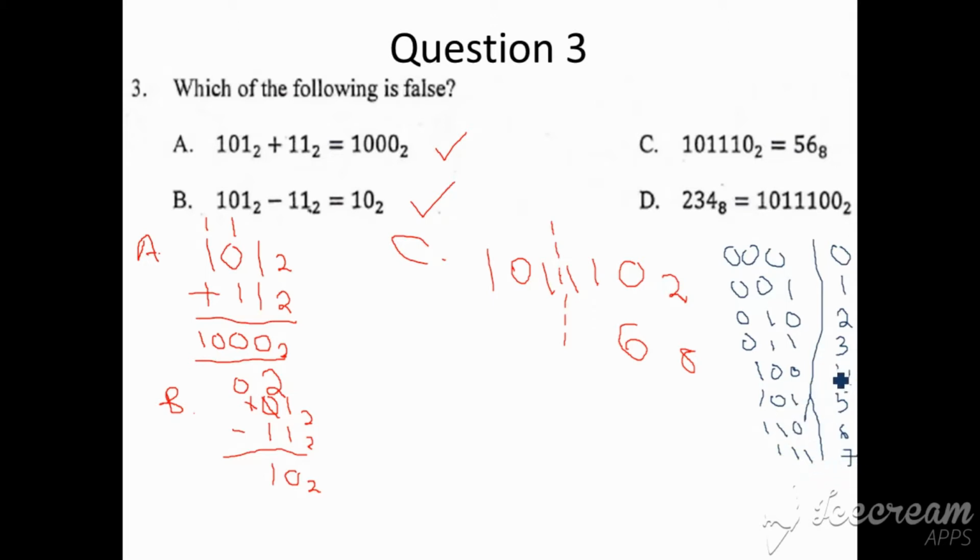This is base 2 and base 8. So 101 is 5, so it's 56 base 8. Correct.